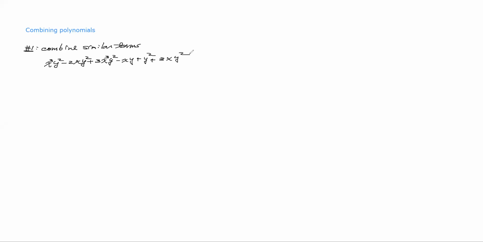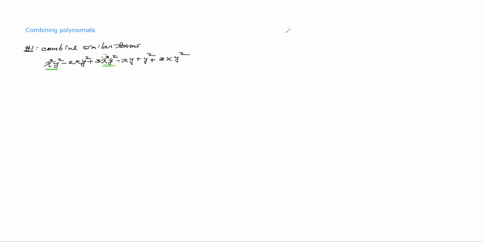If I want to combine these, as you can see here, I need to combine exactly the same terms. Like these ones here, this is x cubed y squared, right? So I need to find the x cubed y squared. These two are exactly the same, right? So here, this is x cubed y squared.